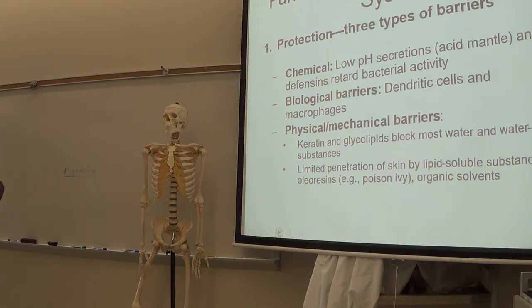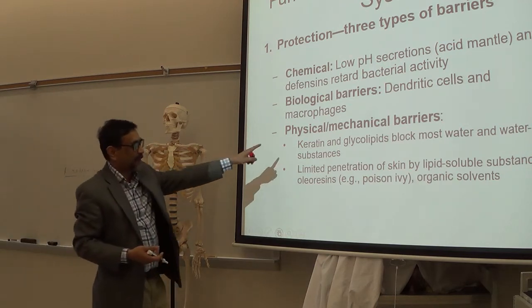So the water cannot get into the body through the skin, right? When you go to the swimming pool, sit in the bathtub, right, for a long time, water cannot get into the body through the skin because of that protein, keratin.